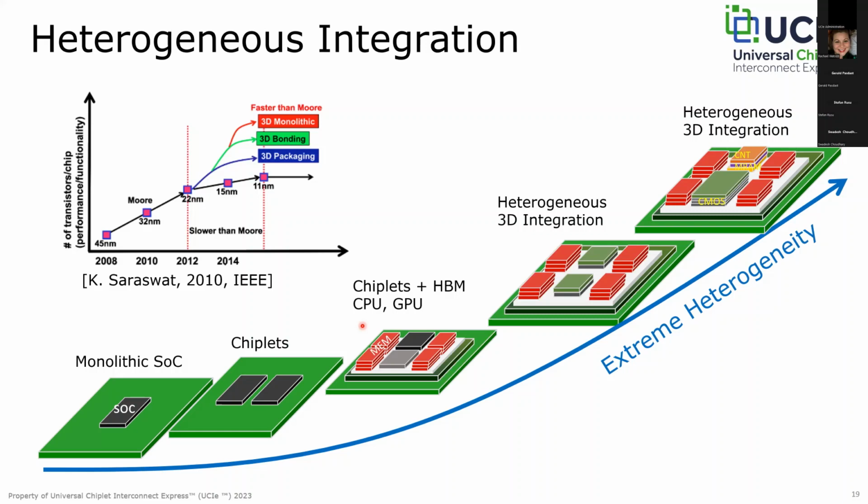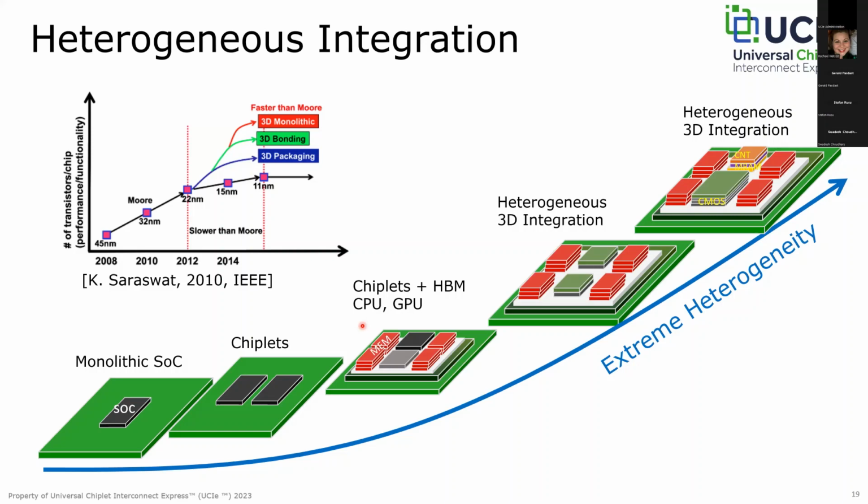If you want to integrate more silicon area in the package, you have to break it down into chiplets. And the other trend that we're seeing is that the high bandwidth memory is also integrated into the package, and that enables higher bandwidth and lower power.